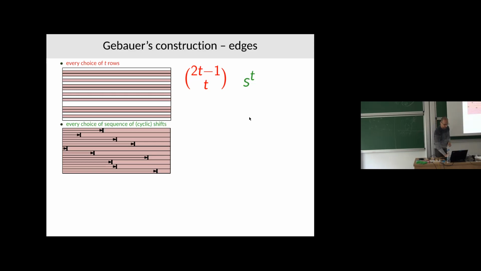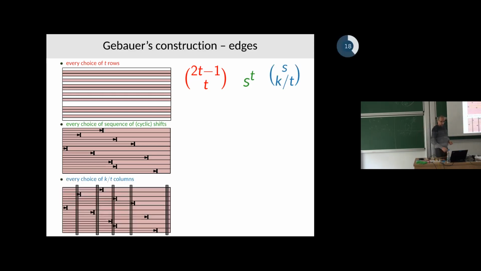So the number of choices is s to the t. We have t rows, and every one can be shifted by s. And in the final phase, we choose k over t columns, and from the vertices of these columns, we build an edge.